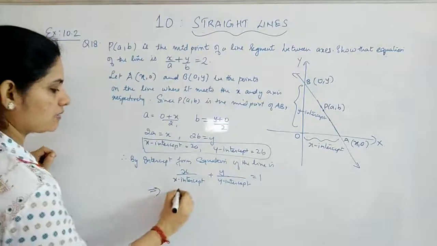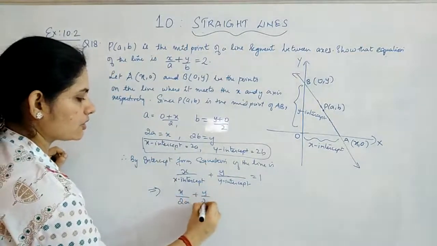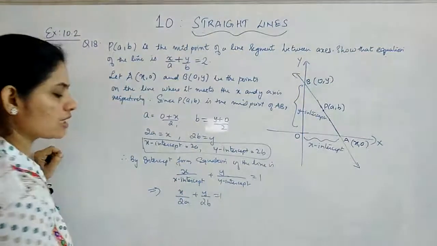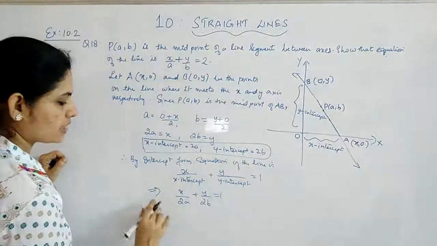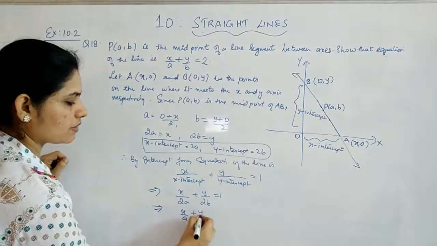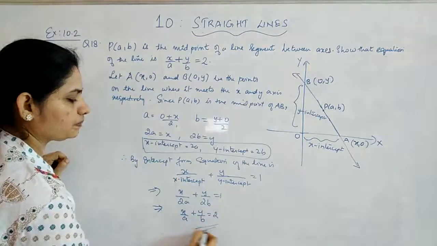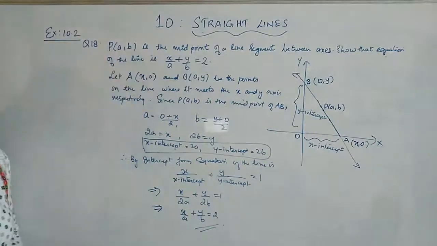Now we replace the x-intercept with 2a and the y-intercept with 2b, so you will get x/2a + y/2b = 1. Taking 2 common in the denominator, this gives x/a + y/b = 2. That is what you need.